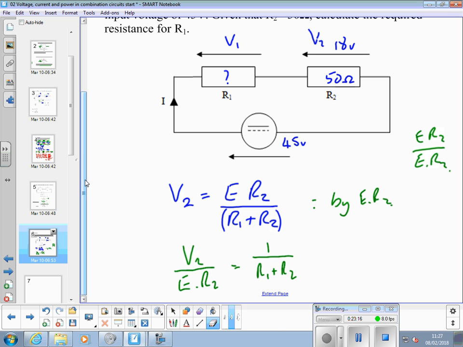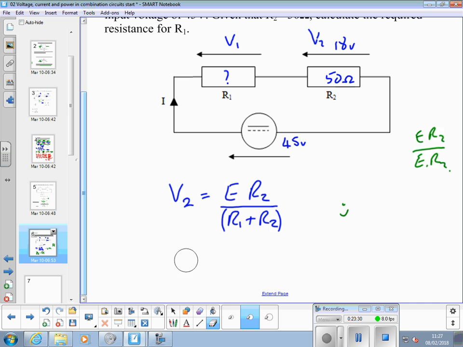But why not? Instead of doing that, remember we want to find R1. This is all about rearranging formulas. It's not about the ability to move things. It's about knowing what to do. We multiply by R1 plus R2.